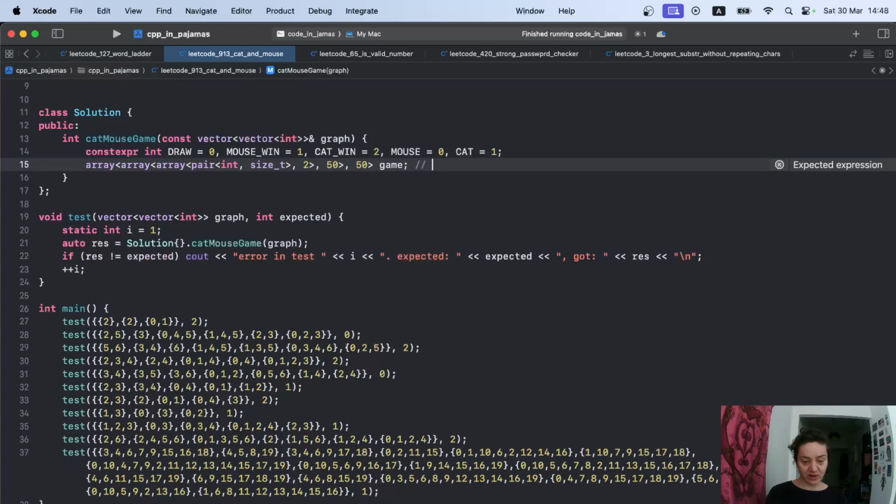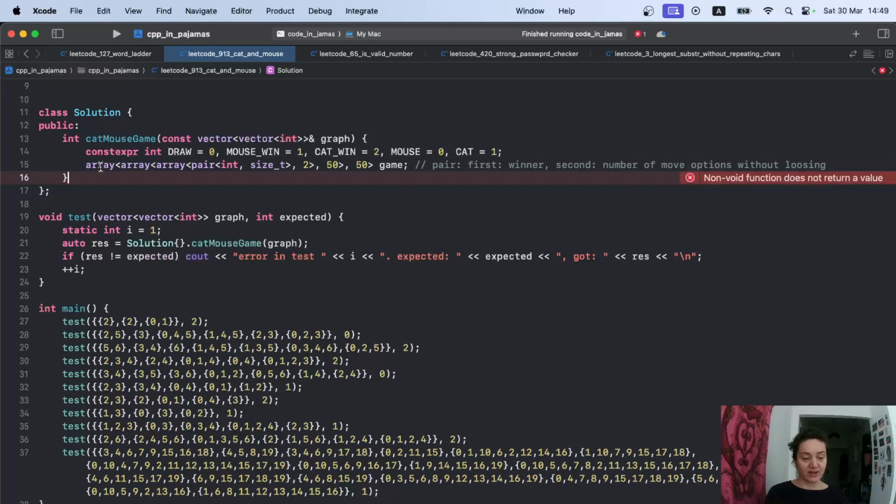Also for readability, we're gonna comment it. Now, I don't need to initialize it because it's an array of CPP. So the winners are by default all draw 0, and the number of move options are 0, and we're gonna initialize them in a second.